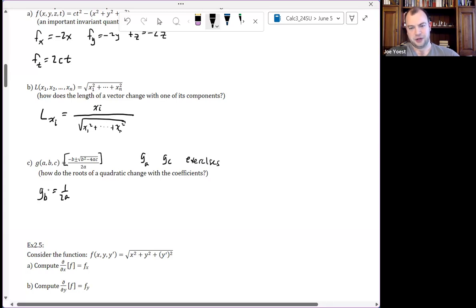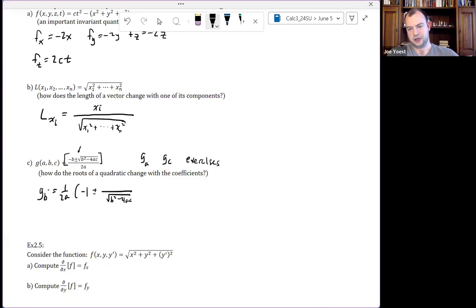The first term of the numerator, negative b, the partial of that with respect to b is just -1, then plus or minus. And now I have square root of a function of b, so I get 1/2 root of that stuff inside, b squared minus 4ac.